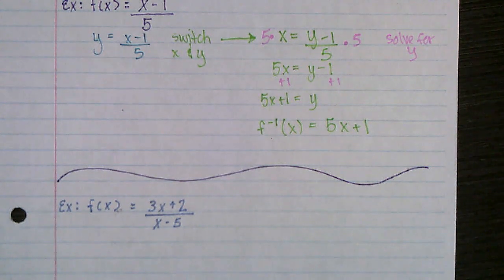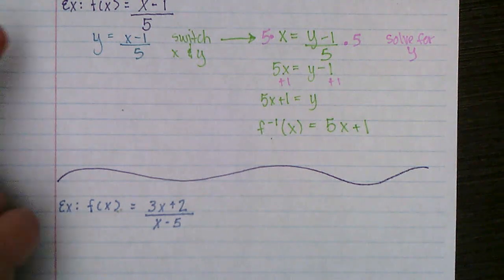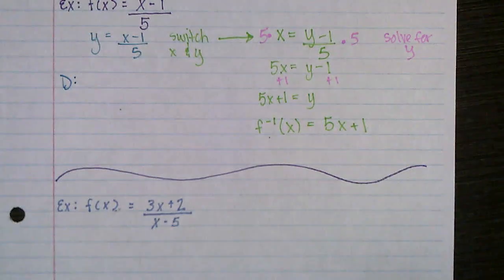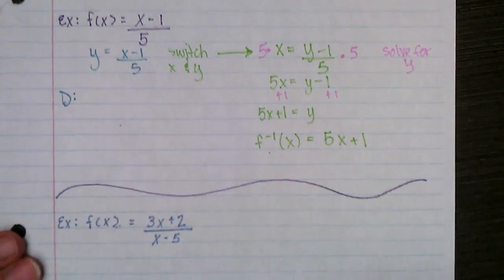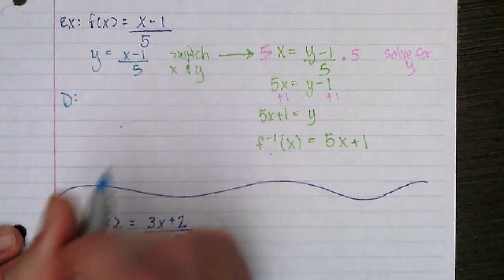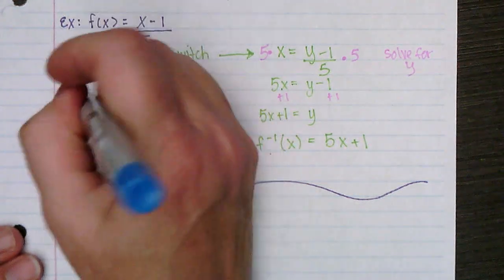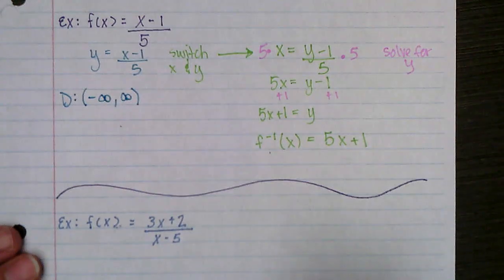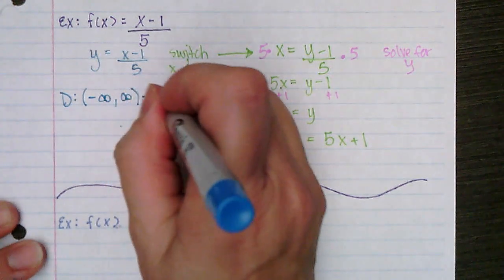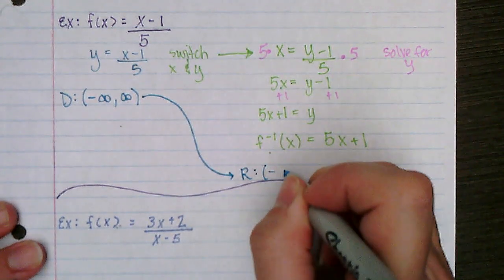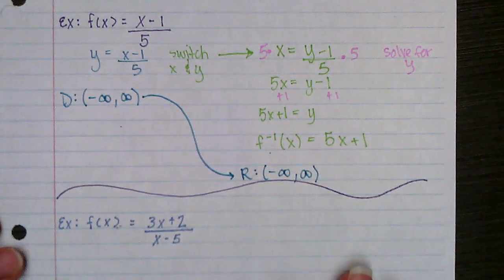And what I want to do is find the domain and range for each. So I'm going to start with the domain for my original function. The domain for the original function should be all real numbers because I don't have any variables in the denominator and I don't have any even index radicals. So the domain here is negative infinity to infinity. And that gives me the range for my inverse function, negative infinity to infinity.